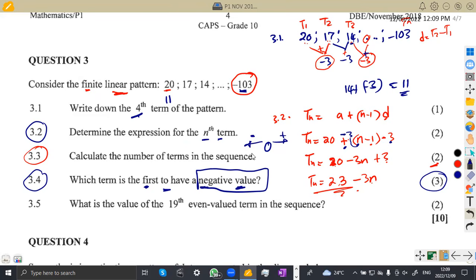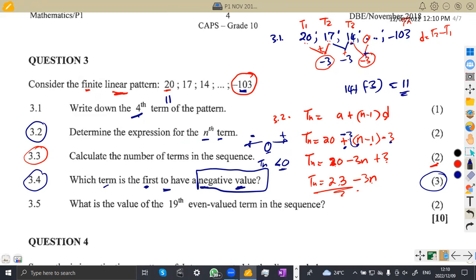So any number that is negative simply means that number is supposed to be less than 0. We are referring to our Tn to be less than 0, because take note, which term is the first to have a negative. So our Tn is supposed to be negative, that is, less than 0.